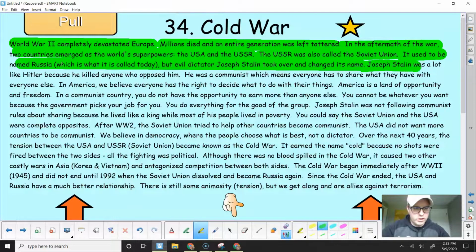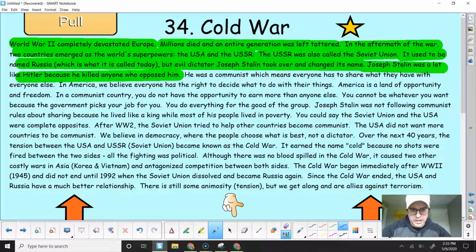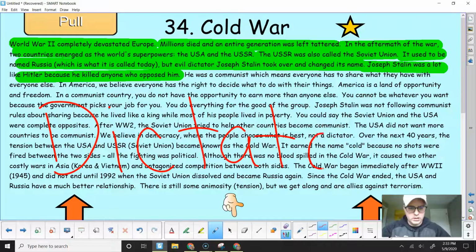Joseph Stalin was a lot like Hitler because he killed anyone who opposed him. There's a name for people like Hitler and Stalin. They're called dictators. They are people who take over control of a country by force.